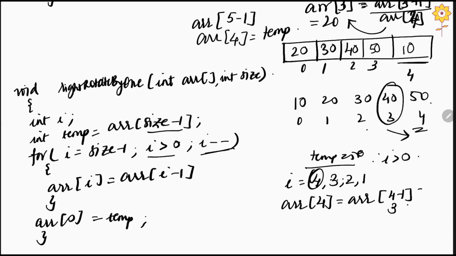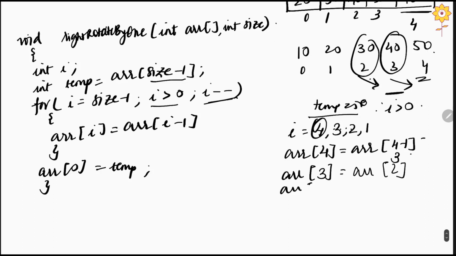We have to perform the right rotation here. So, this is what is going to happen. In the next iteration, i will become 3. So, whatever is in the second position now, which is 30, needs to be shifted and placed here. This will go on happening for all the values of i. So, array of 2, 1, and then finally, what will 0 get? 0 will get the value of temp.